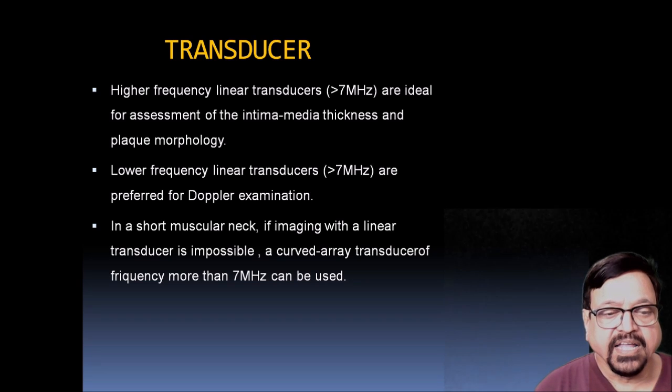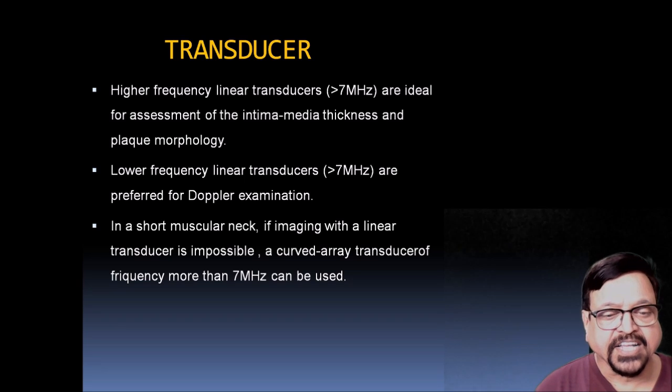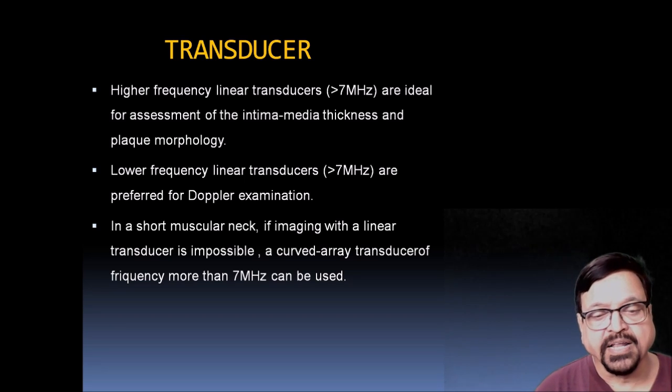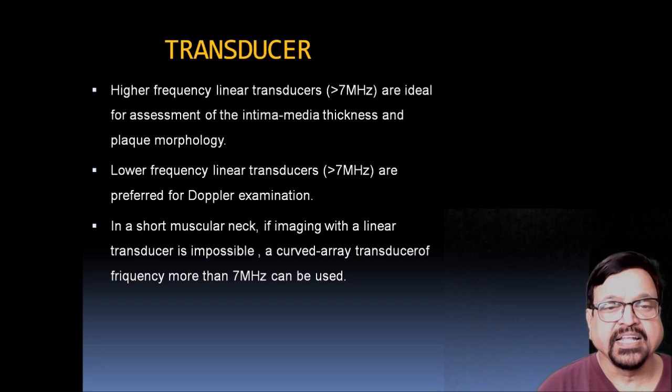Now, in a short muscular neck, if imaging with a linear transducer is impossible, a curved array transducer is very handy and useful, but the frequency has to be more than 7 megahertz. So that can serve the purpose.